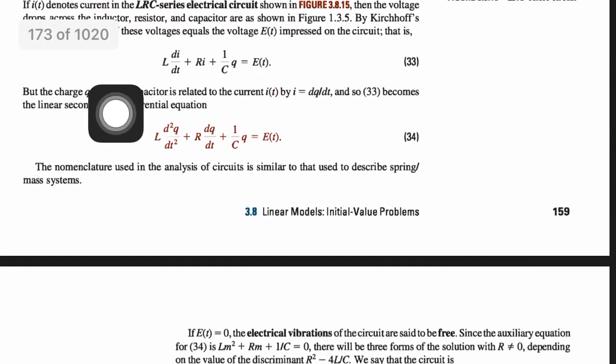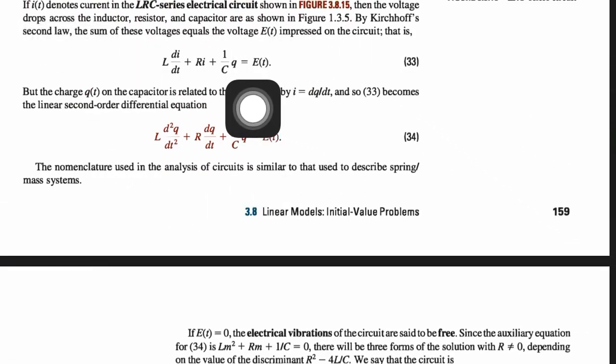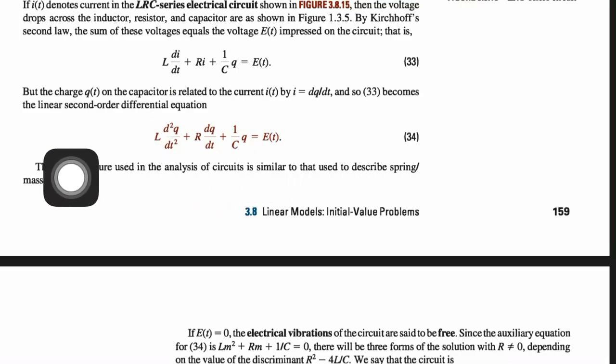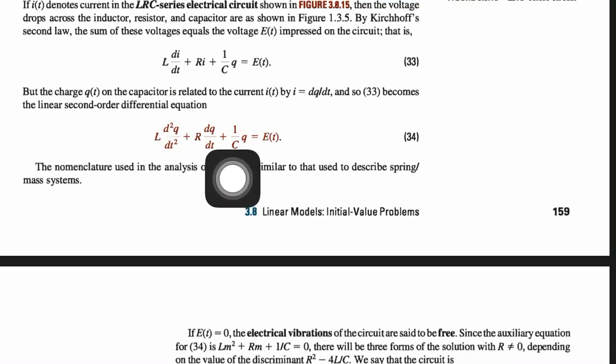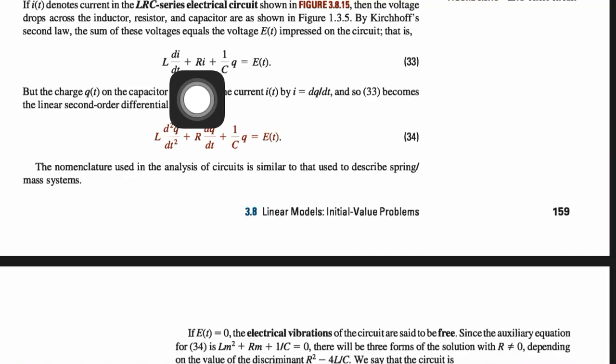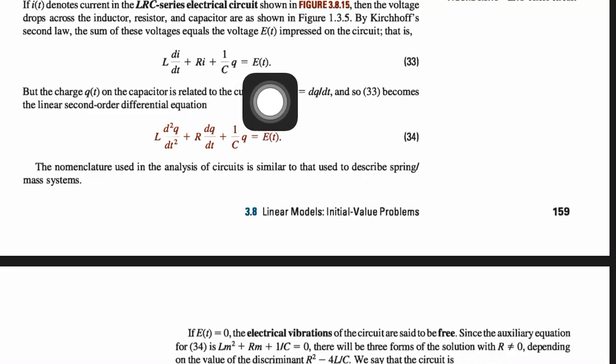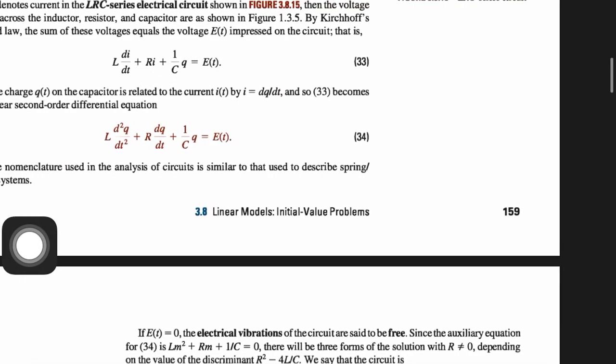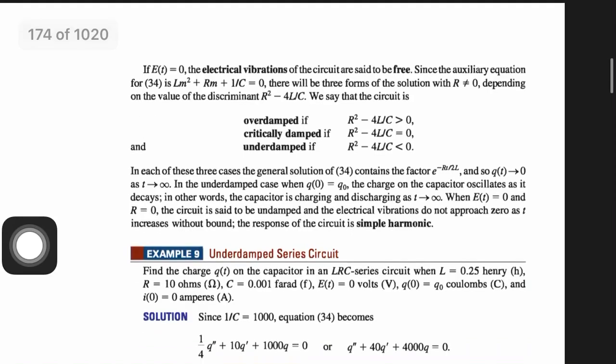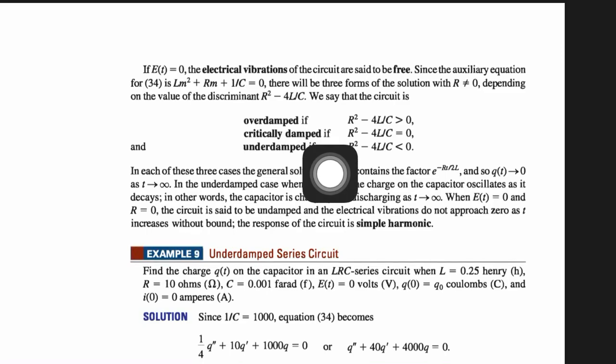Keep in mind the equation of the LRC series circuit: in terms of current, it is L di over dt plus Ri plus q over C equals E of t. These are the overdamped, critically damped and underdamped cases.